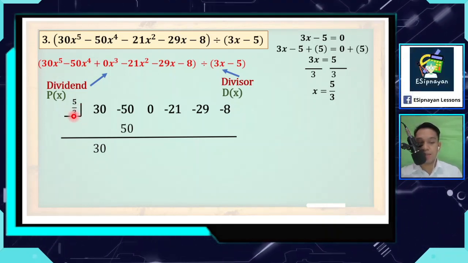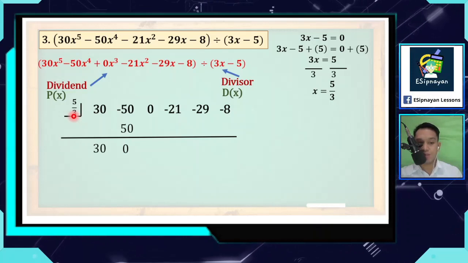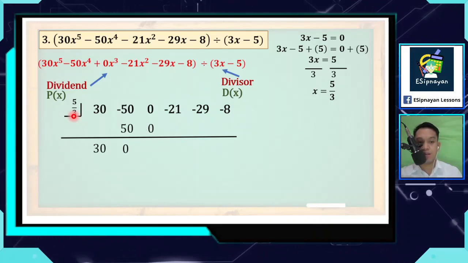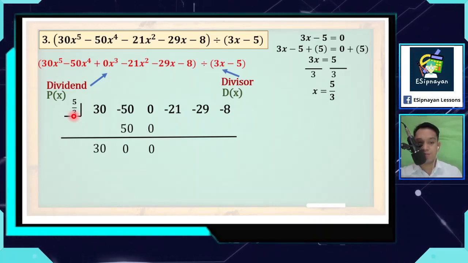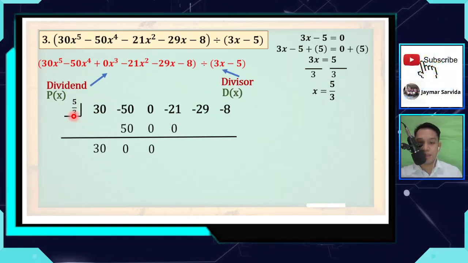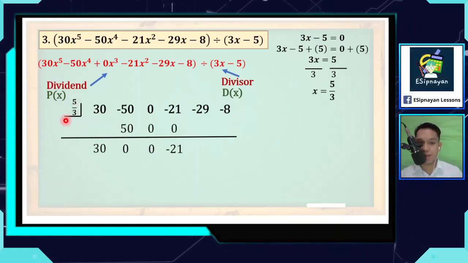Then, negative 50 plus 50 is 0. 0 times 5 over 3 is 0. 0 plus 0 is 0. 0 times 5 over 3 is 0. Then, negative 21 plus 0 is negative 21.